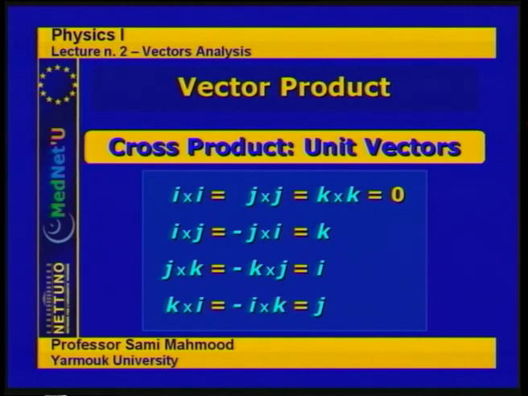This plane where J and K lie is the YZ plane. The perpendicular to the YZ plane is the X axis. So J cross K is in the direction of X. And following the right-hand rule, we realize that J cross K has the direction of plus I, meaning in the positive X direction.